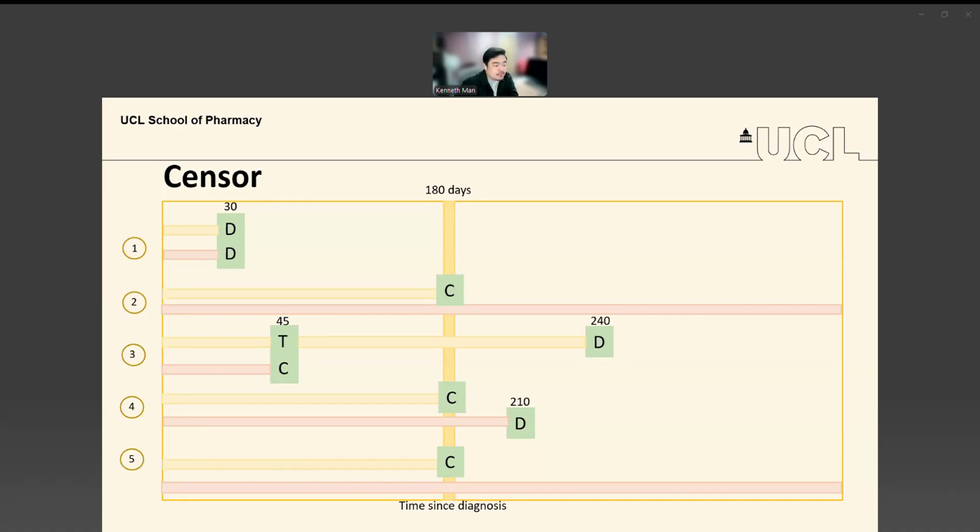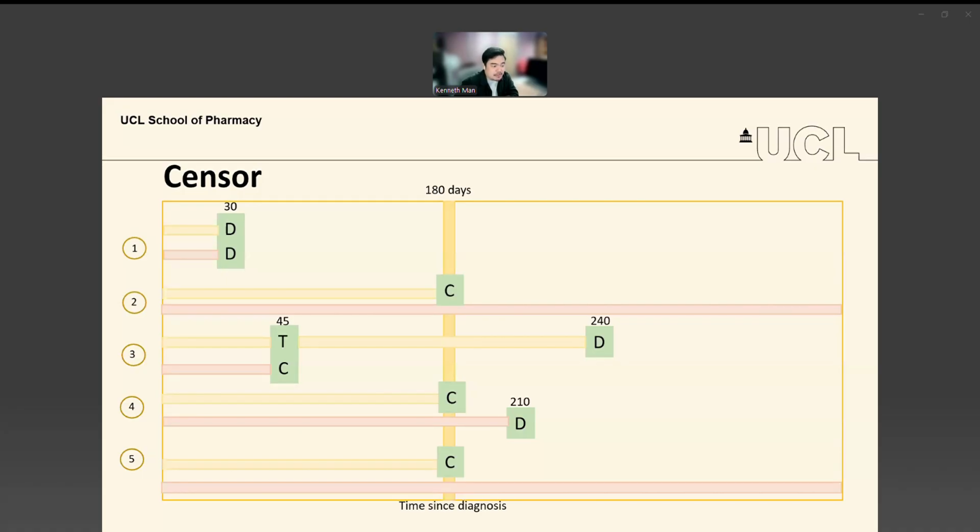So in that sense, we treat patient number 5 clones as untreated for the untreated arm, and we continue the follow-up until the end of the study period. So that's the censoring for these 5 individuals and their corresponding clones.